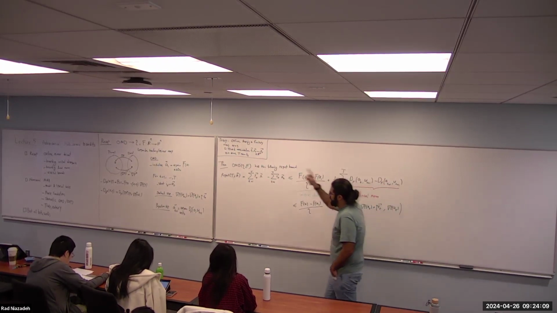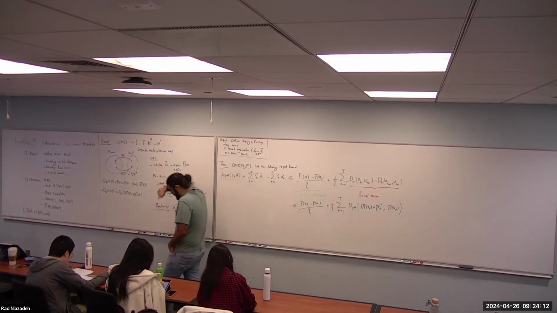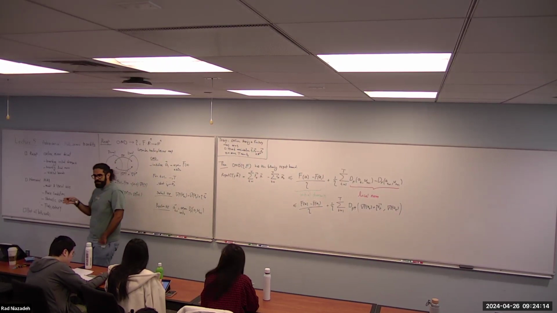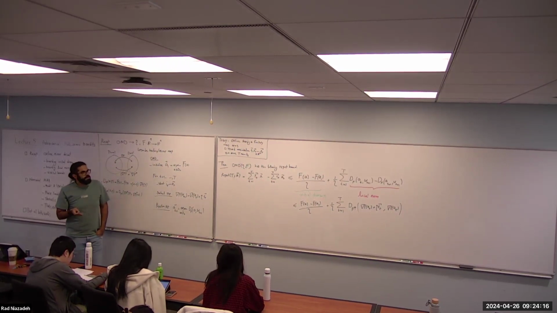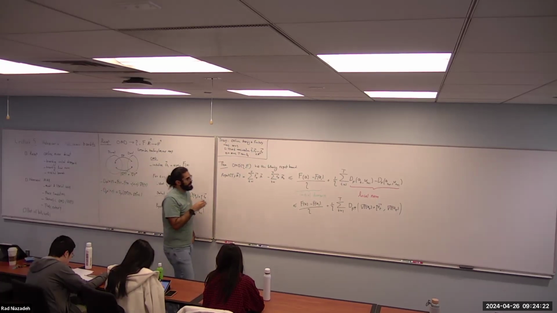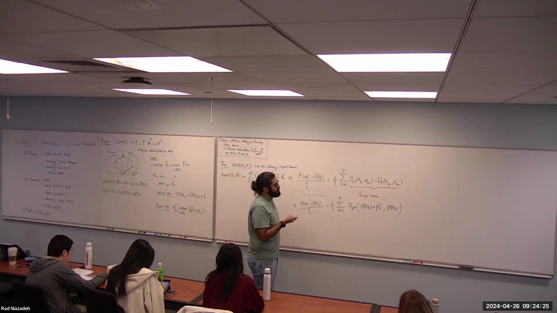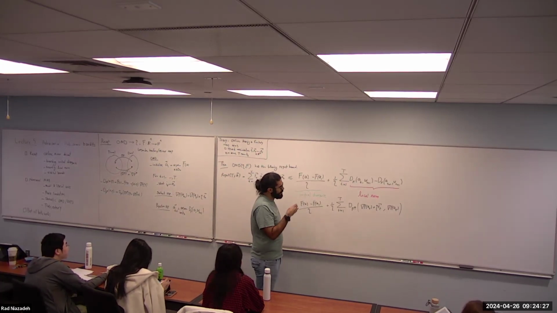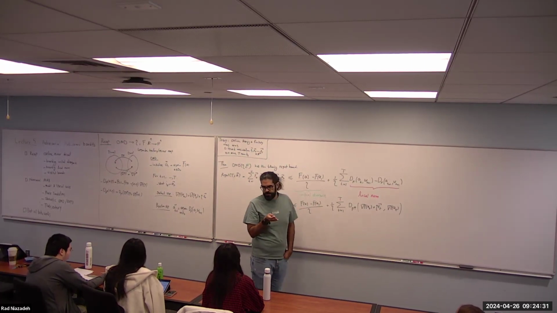If you assume f, the original mirror map, is strongly convex, there is a theorem in convex optimization that says if a function is mu strongly convex, then its conjugate function is 1 over mu Lipschitz smooth.